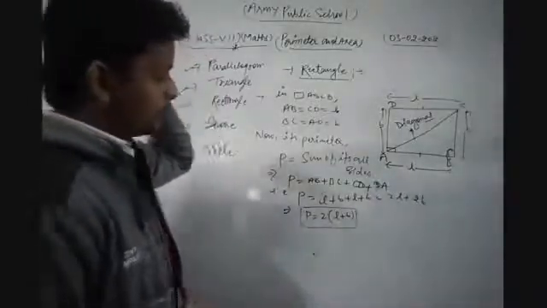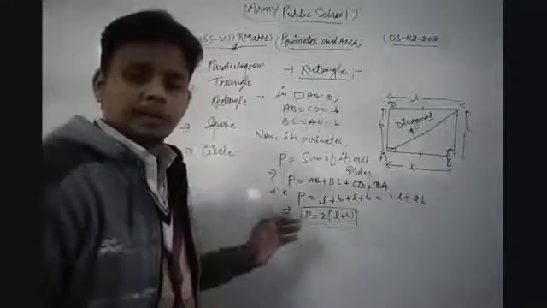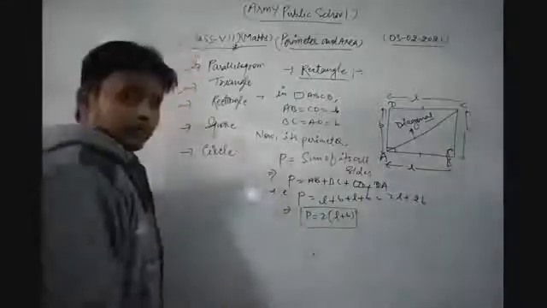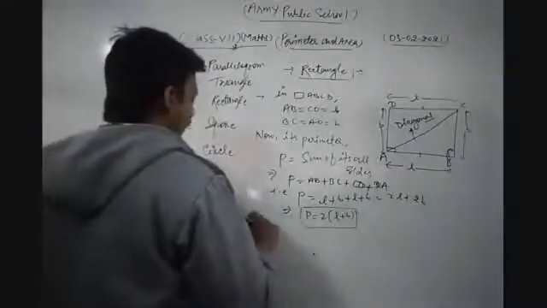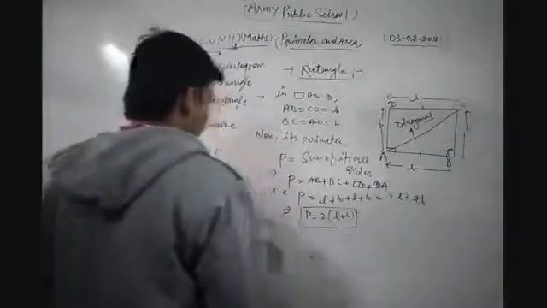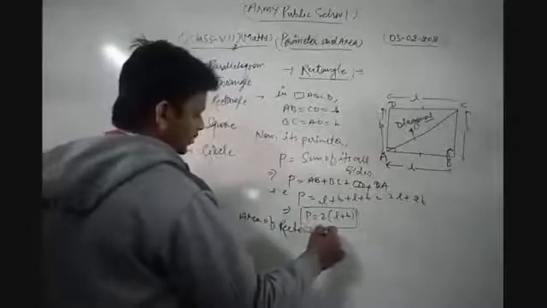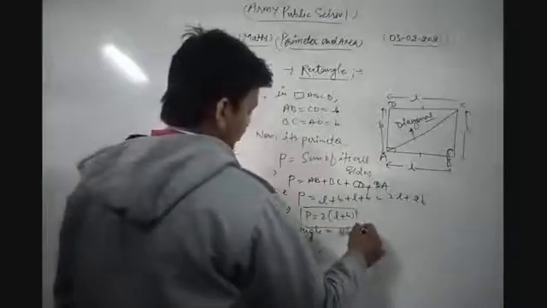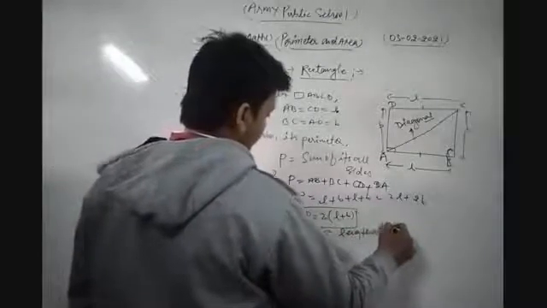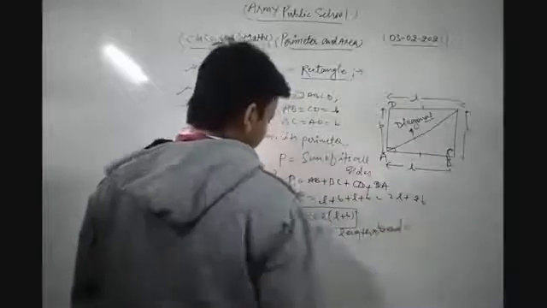Now we are going to discuss the formula for its area. Area of a rectangle is equal to length into breadth.